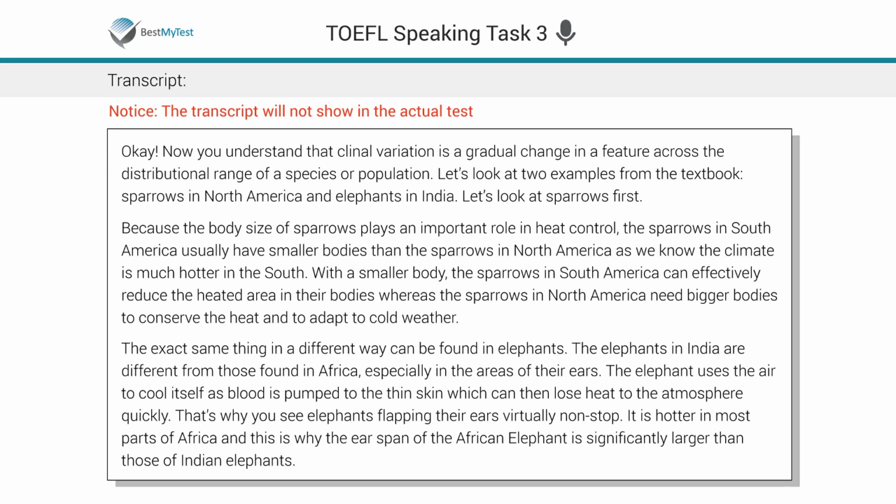The elephants in India are different from those found in Africa, especially in the areas of their ears. The elephant uses the air to cool itself, as blood is pumped to the thin skin, which can then lose heat to the atmosphere quickly. That's why you see elephants flapping their ears virtually non-stop. It's hotter in most parts of Africa, and this is why the ear span of the African elephant is significantly larger than those of Indian elephants.